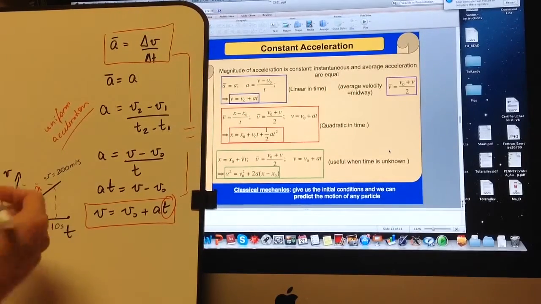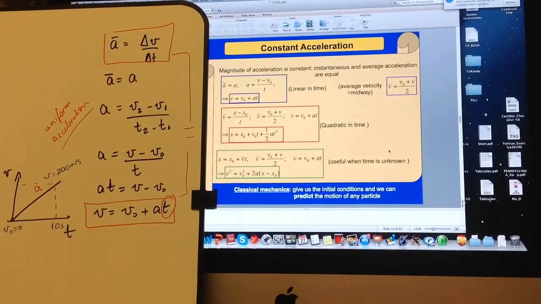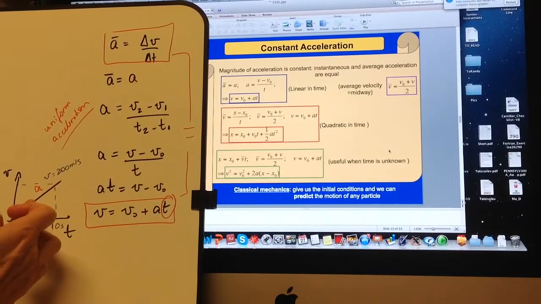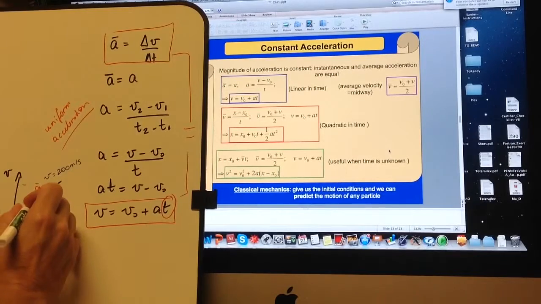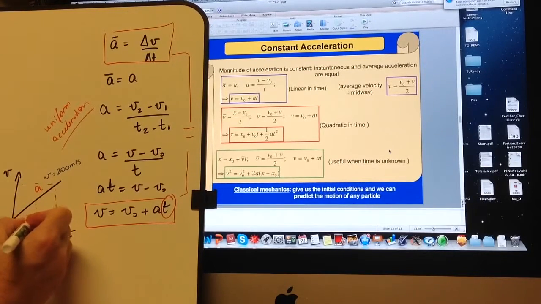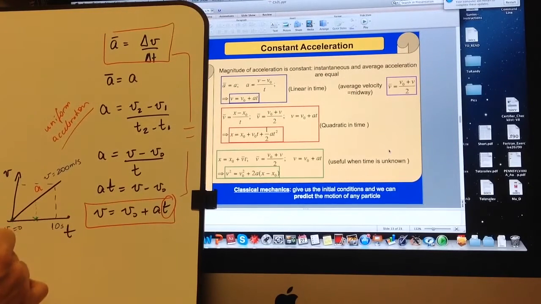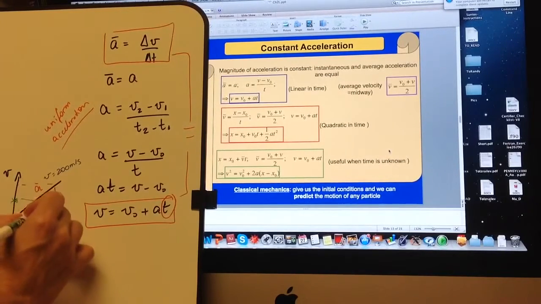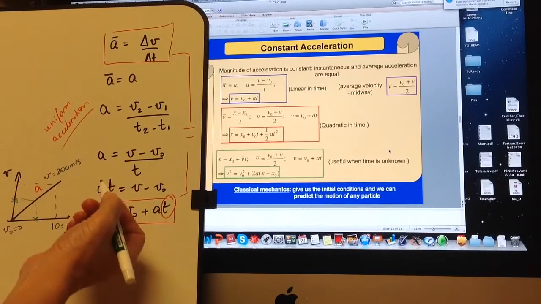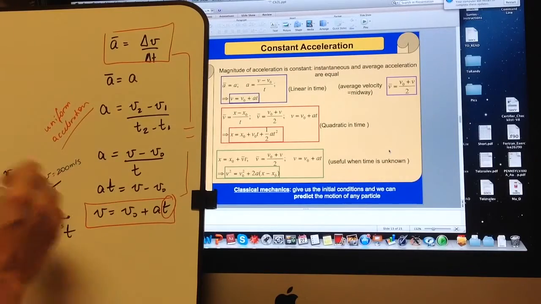What is the average velocity? Well, in the first 5 seconds, I moved with a velocity that was less than this middle point, and in the other half I moved with a velocity that was more than this middle point.